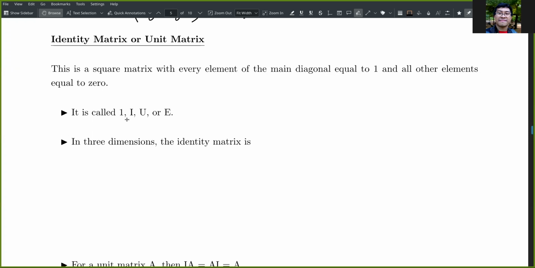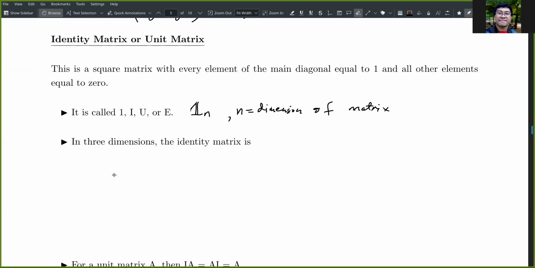So the notation would be, we just write it as 1 or I or U or E. I would typically write it as 1 with a double line like that. Sometimes I would add an n here, where n is the dimension of the matrix. Sometimes I write n, sometimes I don't.